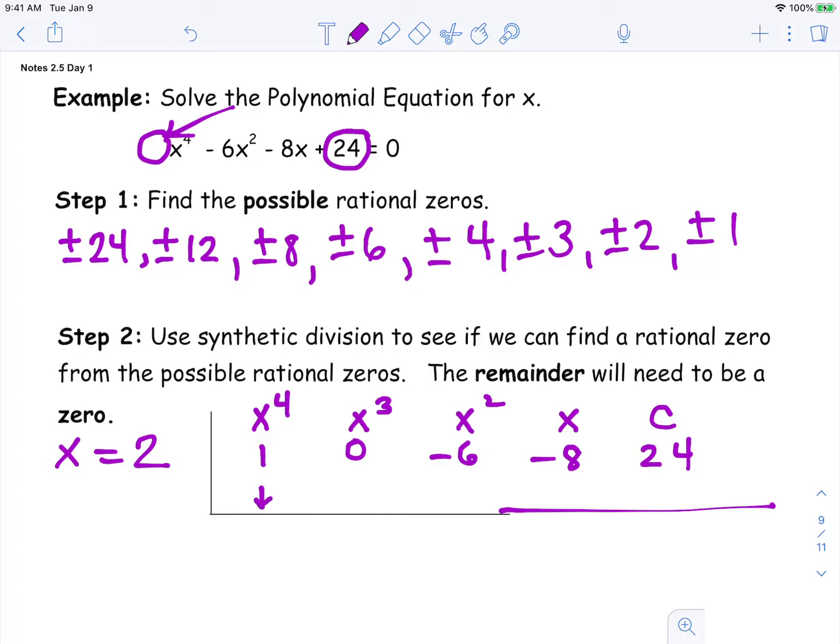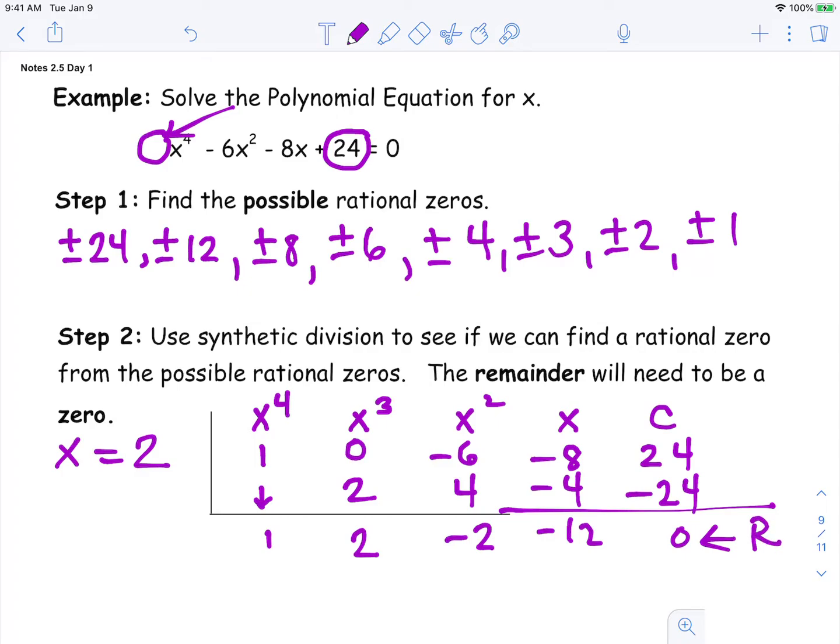Bring down the 1, multiply it to 2, add the column, multiply it to 2, add the column, multiply it to 2, add the column, multiply it to 2, add the column. There's that remainder we're looking for.